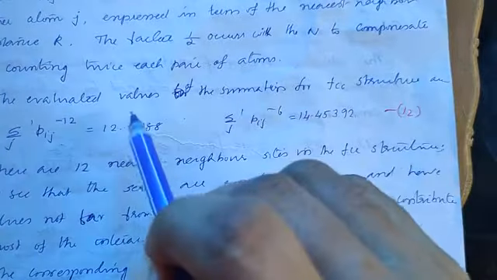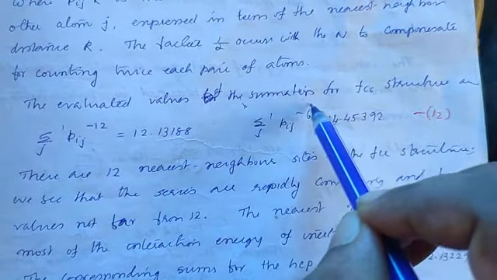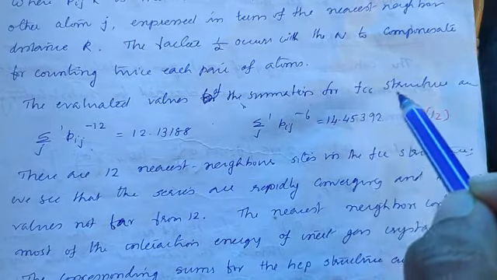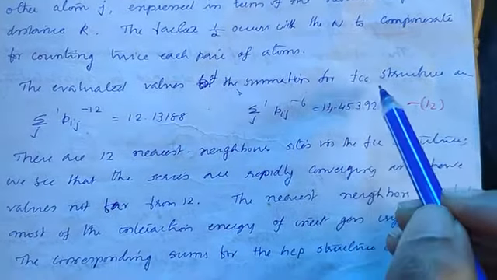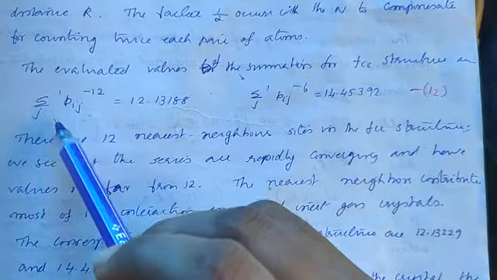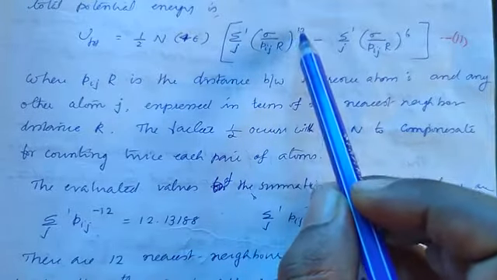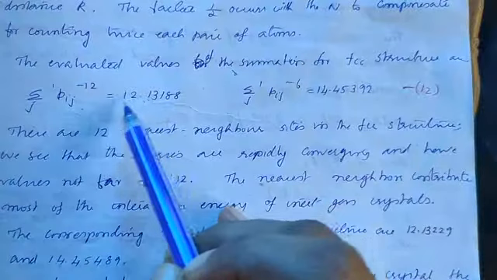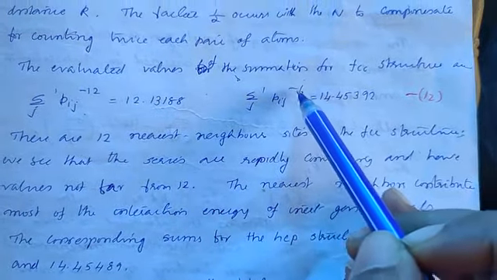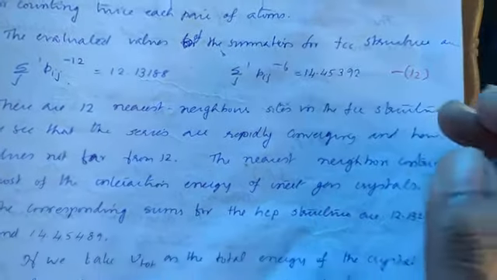Okay, now the evaluated values of the summation for the FCC structure, the face-centered cubic structure: the sum over j of p_ij to the power minus 12 is 12.13188, and p_ij to the power minus 6 is 14.45392 for the FCC structure.